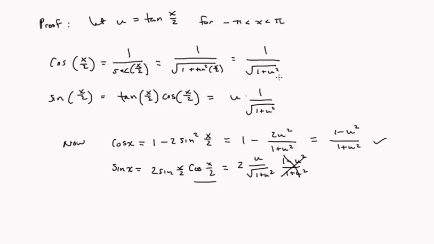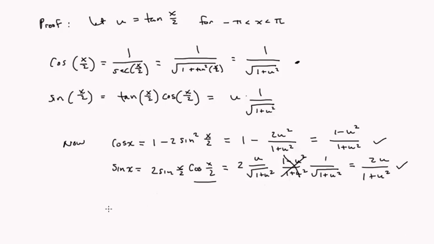The cosine of x over 2 is actually above here, so that's times 1 over the square root of 1 plus u squared. That's what I want, because then that's going to simplify to be 2u over 1 plus u squared. Cha-ching. Good. That's what we wanted.